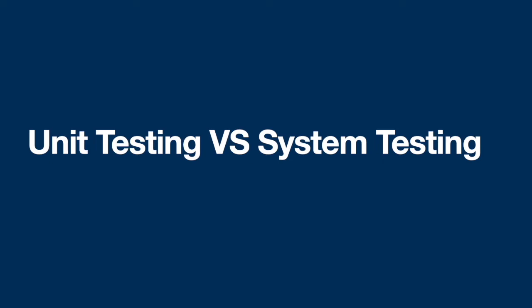So let's start. What is unit testing and what is system testing? As you know, unit testing in a very vague manner, we can say, yeah, unit testing, we know it's done by developers.